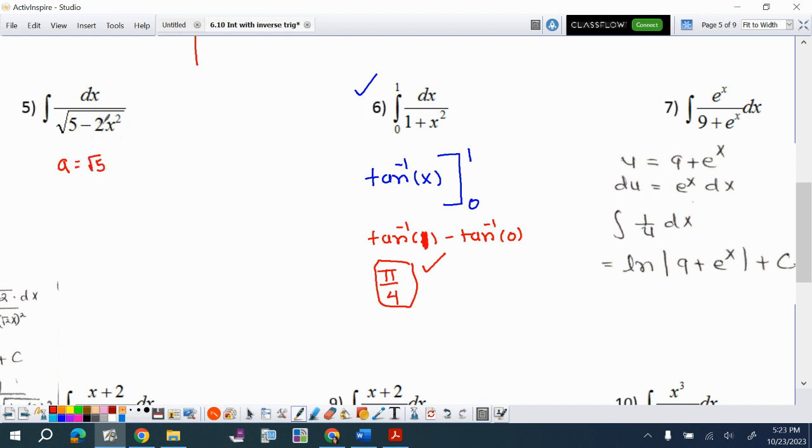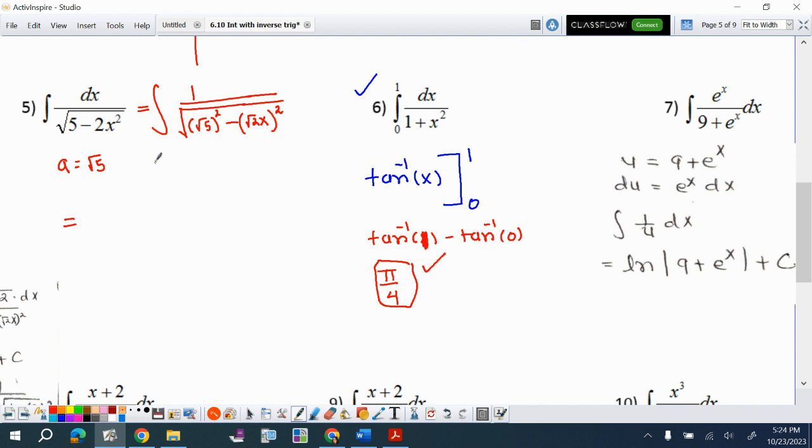So let's rewrite this integral 1 over square root of 5 squared, which will give me 5, minus square root 2x squared. Here a squared is 5, square root 2 squared is 2 and x squared is x squared. And now you can apply the proper formula; here it involves u sub also.